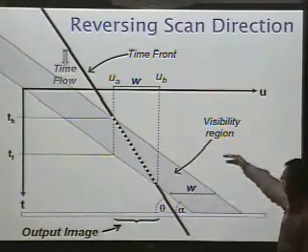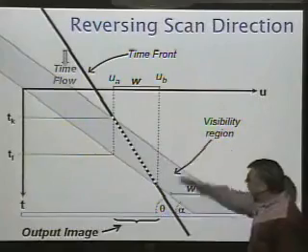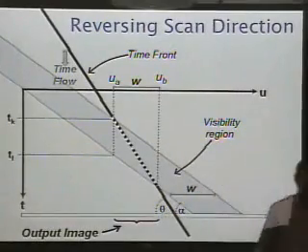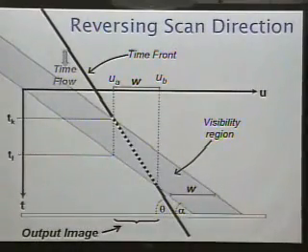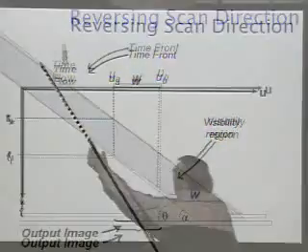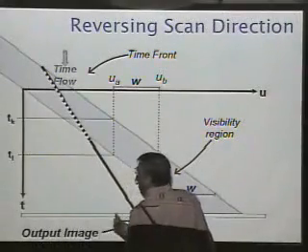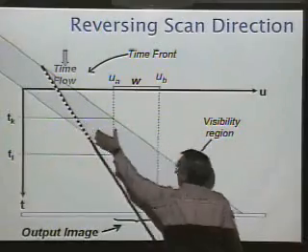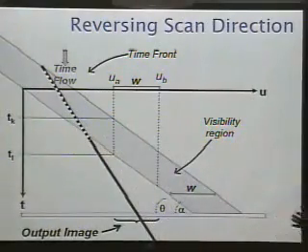So now we move the time front in the positive time axis. We move it down. So what happened when we moved it down? The generated image moves to the left, because now the generated image is here. So it moves to the left. It's an opposite motion to what we started with. Initially the camera moved from left to right.